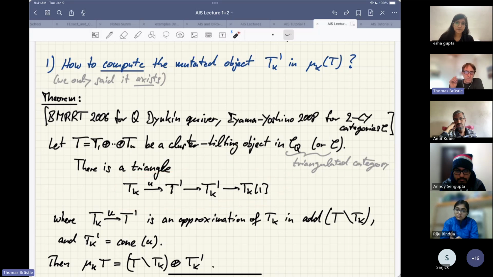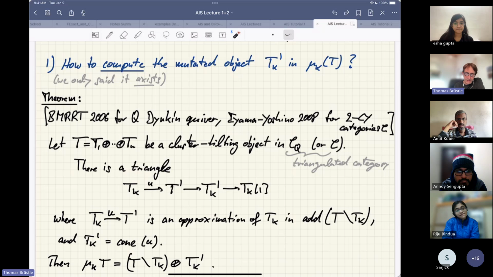Okay, so what do we do? Suppose we are given T with n non-isomorphic summands, and suppose we want to replace Tk, the k-th summand, by some other summand. Okay, so we take it out.